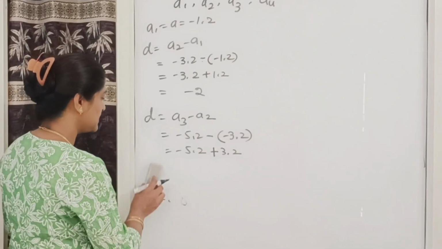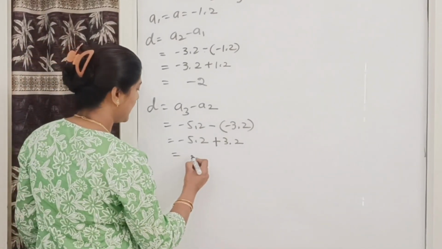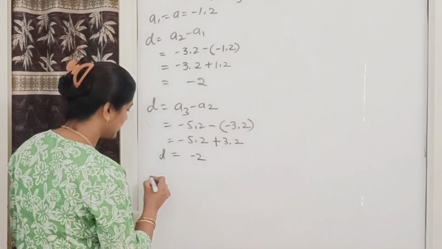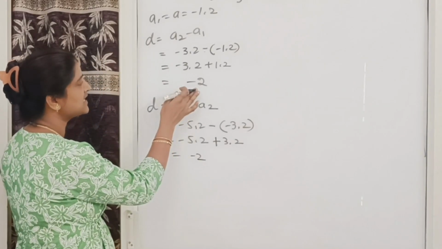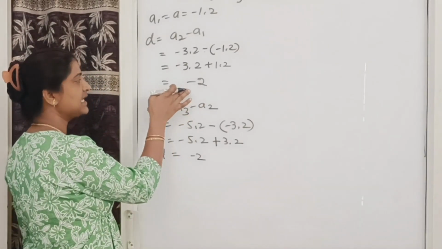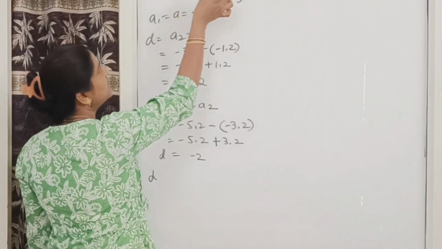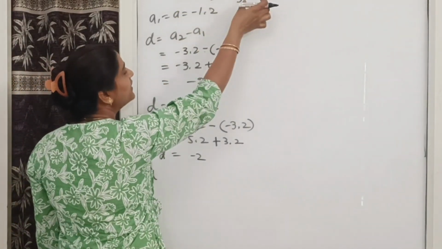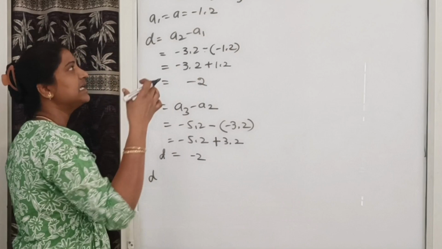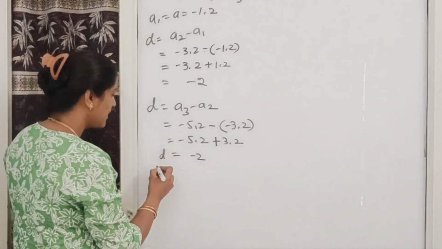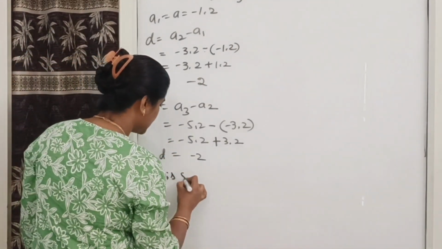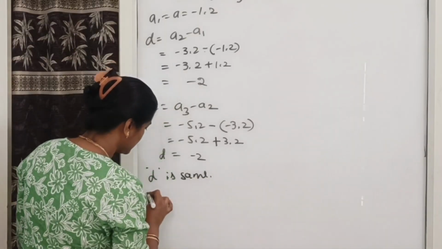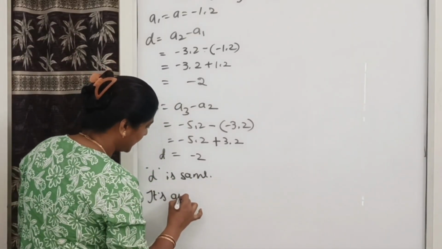So this is also minus 2. Look here, the first common difference is minus 2, the next common difference is also minus 2. If you want, you can do the third common difference, that is also the same. So D is the same, so it is an AP.